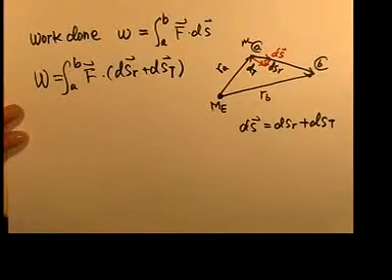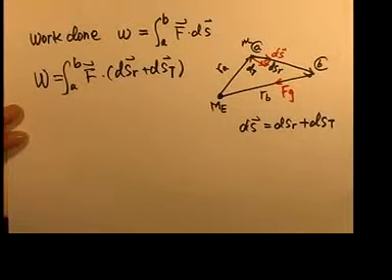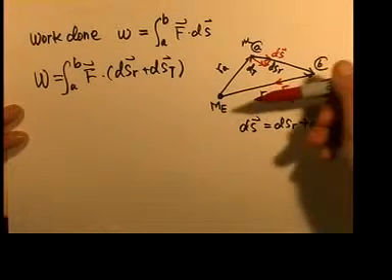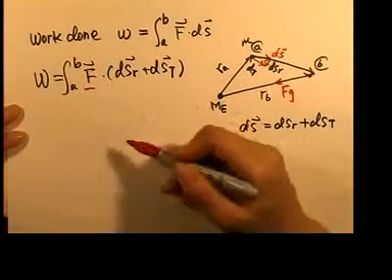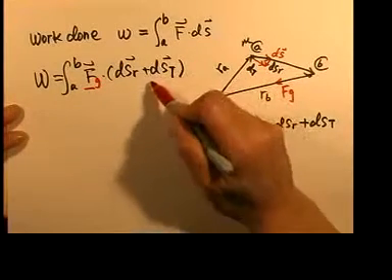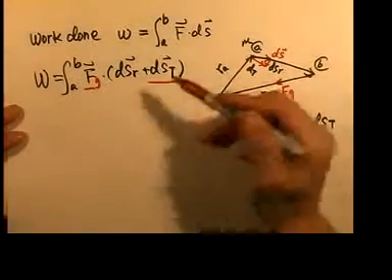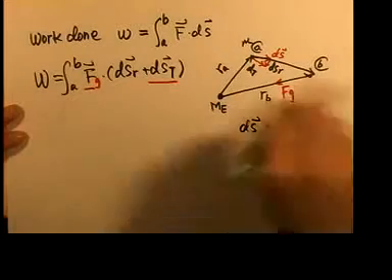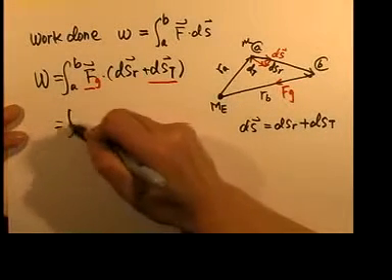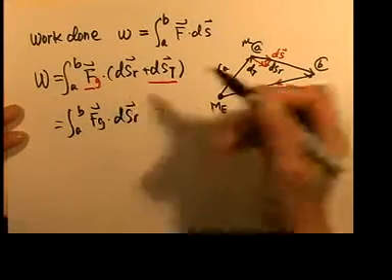Now, in this case, the force is always center seeking because that is the gravitational attraction force, so it is opposite to the direction of the radius. So when we have gravitational force F dot ds tangential, that comes out to 0 because the angle between the gravitational force and the tangential direction is 90 degrees. A dot B, if the angle is 90 degrees, equals 0. So the result has only gravitational force Fg dot ds of r left.